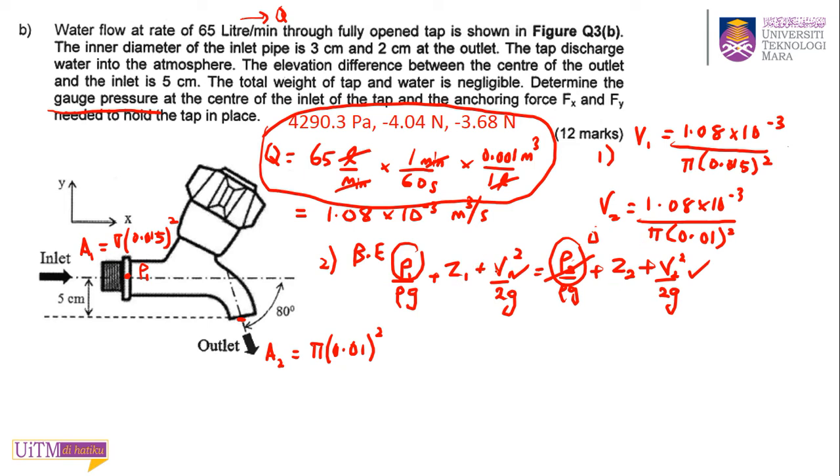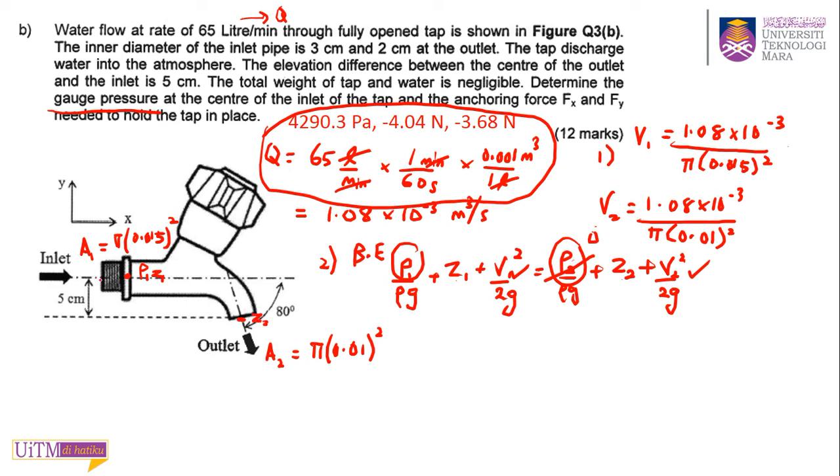Z1 and Z2, which one is 0? Z1, are you sure? This is Z1, and this is Z2.